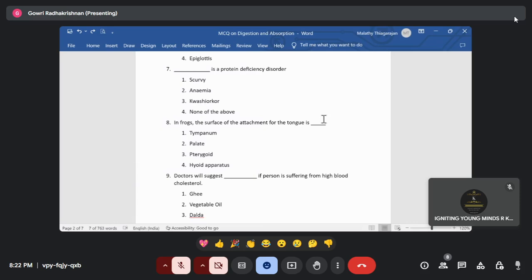Vitamin C, yes. Vitamin C deficiency gives rise to scurvy. What are the preliminary signs of scurvy? How do you find that you may have a vitamin C deficiency?